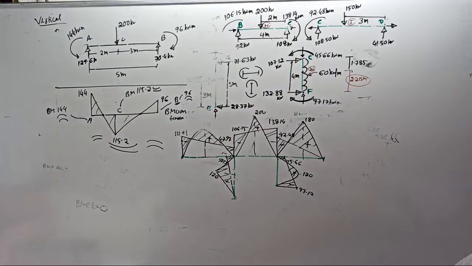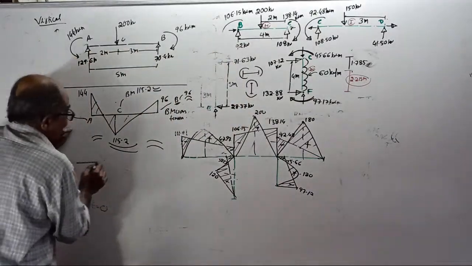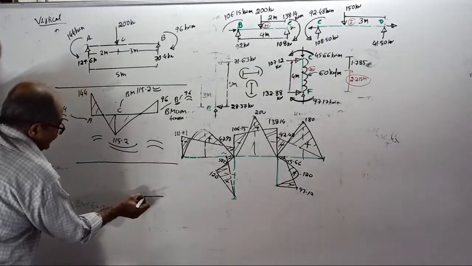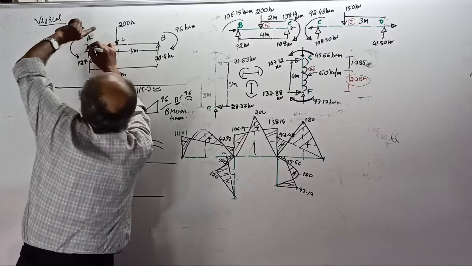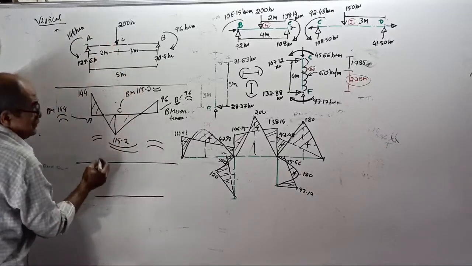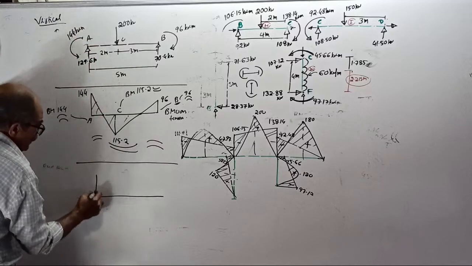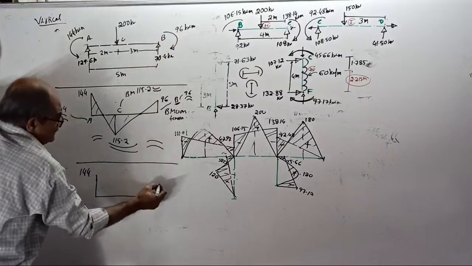If it is fully clear, I will go to the superimposing principle. Those people who go to the superimposing principle, it is not correct. What they will do is draw the baseline. BM here is minus 144, tension on the upper side, they will plot 144. Here they will plot 96.